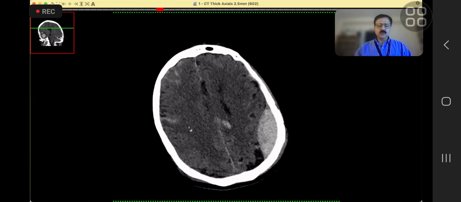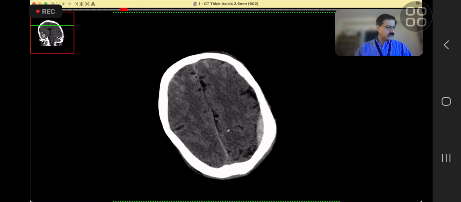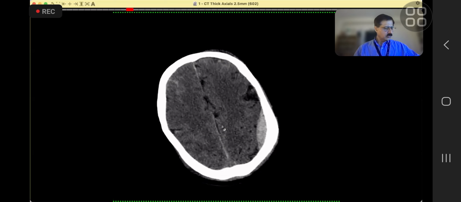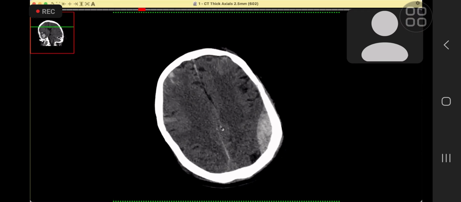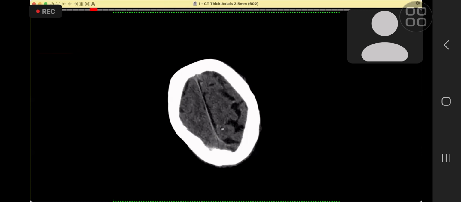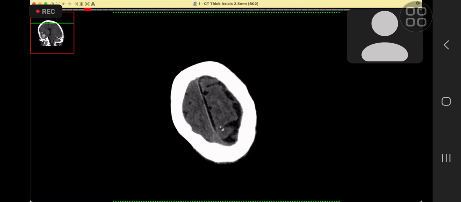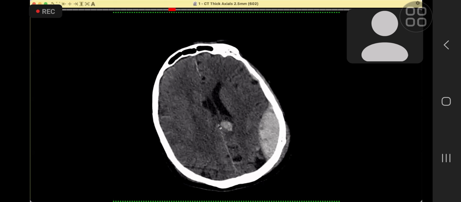Let me ask you a few questions. You have also mentioned some contusions. Where were these contusions? I thought more superiorly as we go towards the vertex, there are some areas of cortical-based hyperdensities. Because of their superficial location, I thought they could represent possible contusions, but they might be microhemorrhages, actually, given the overall appearances.